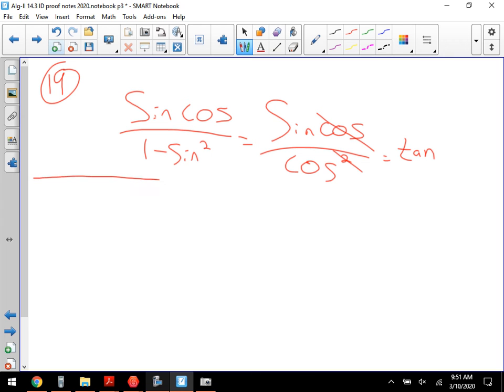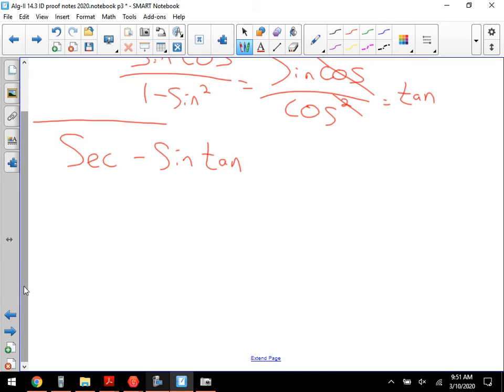21. Secant minus sine tangent. There's no squares here. I have subtraction. I have secant, sine, and tangent. In my head, really the only thing I can think of doing is rewriting things in terms of sines and cosines. Secant is 1 over cosine.